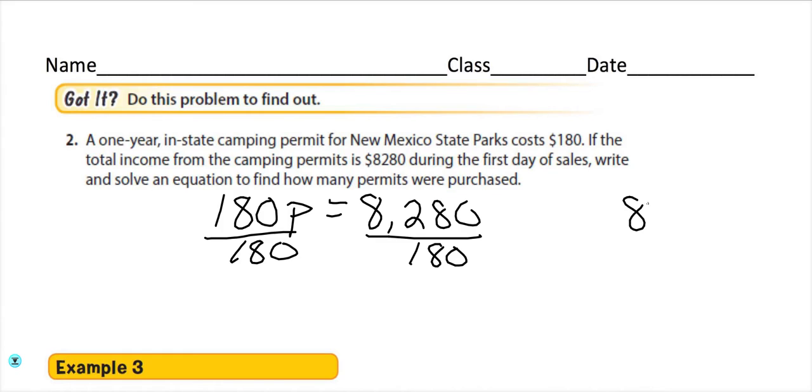So set it to the side, let's work that out. And actually let's do this. Let's take off a 0 and a 0 here. I think that'll actually help us. So 18 goes into 82 4 times, which would be 72, right? Yeah, 72.